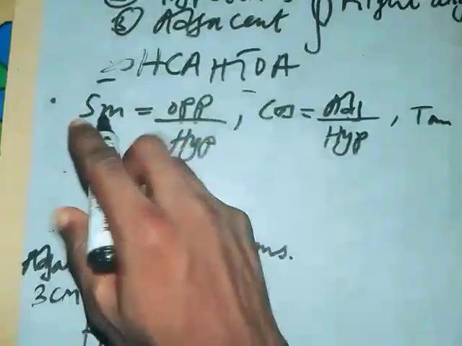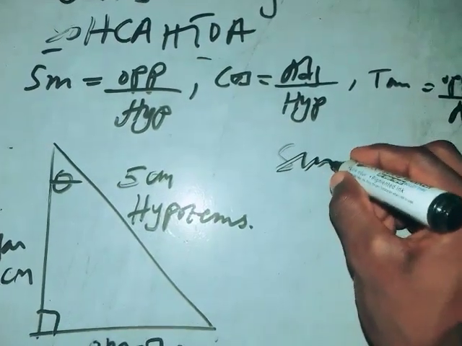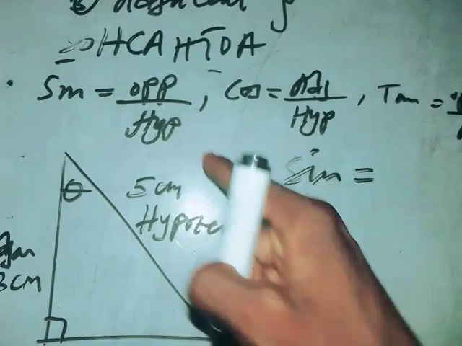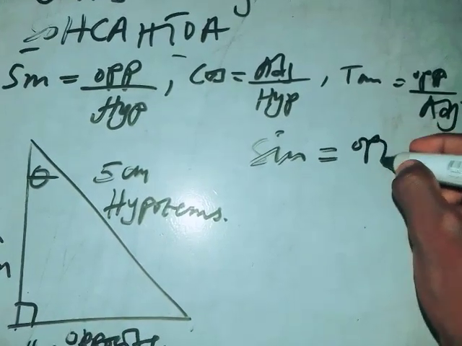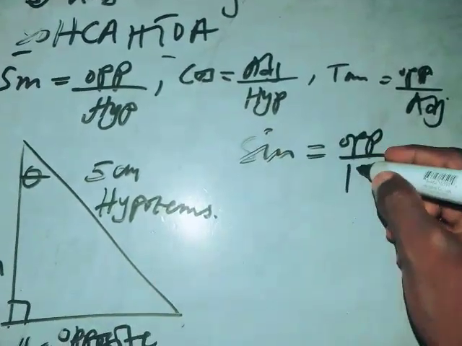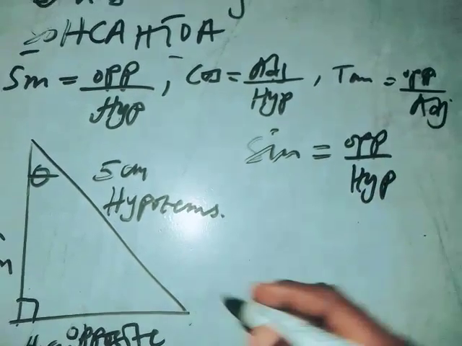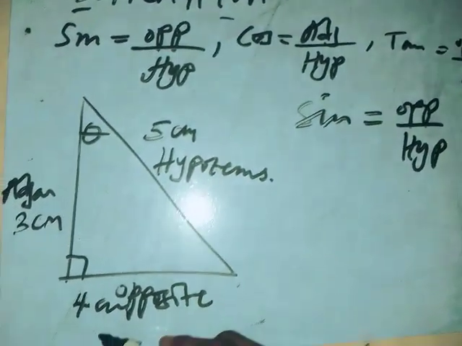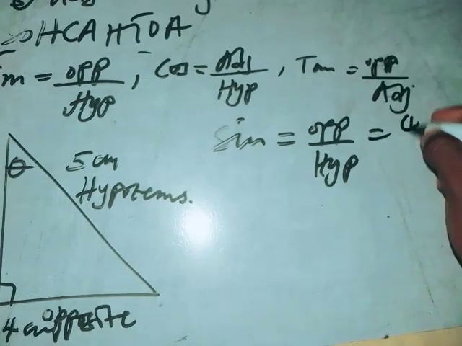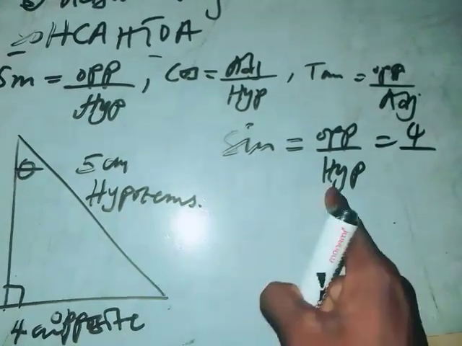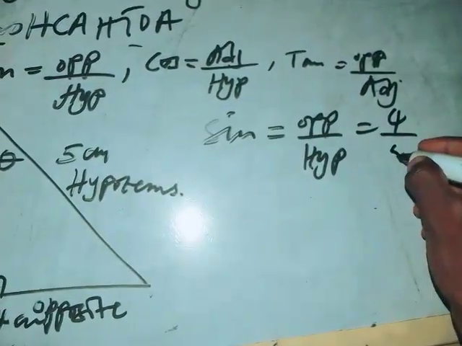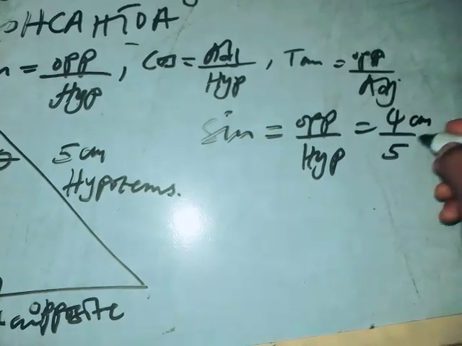Now we can see that sine is opposite all over hypotenuse, and what is our opposite? Opposite is 4 centimeters. So we are going to have 4 over the hypotenuse, which is 5.